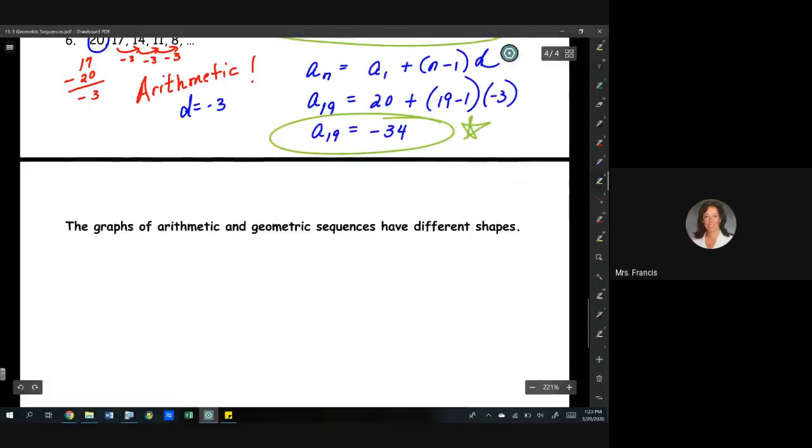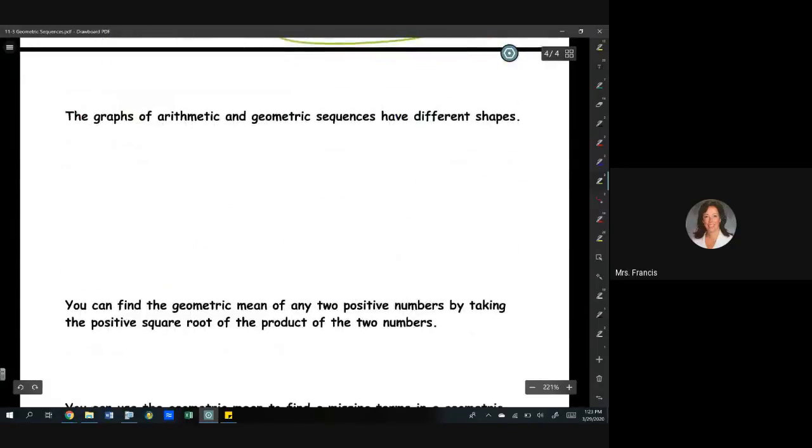All right, last page here. We're going to look at some graphs. So we're going to do arithmetic, and we're going to do geometric. We're going to make this real easy. We're going to do a table of values. We'll do 4 terms for each.